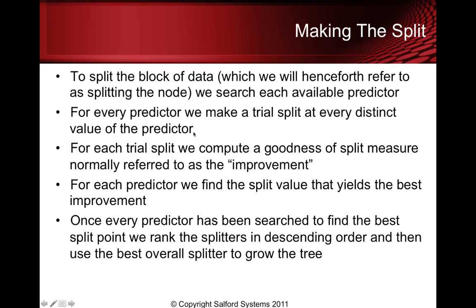But once we've done that for every variable, we can then rank the splitters in descending order and then use the overall best splitter in order to actually make the partition of data. And that is the process that CART goes through to move from the node that it is working on now to the generation of two child nodes.